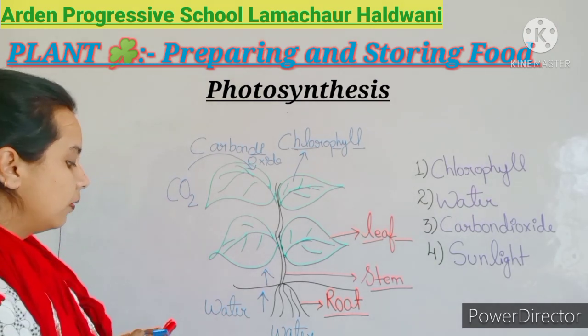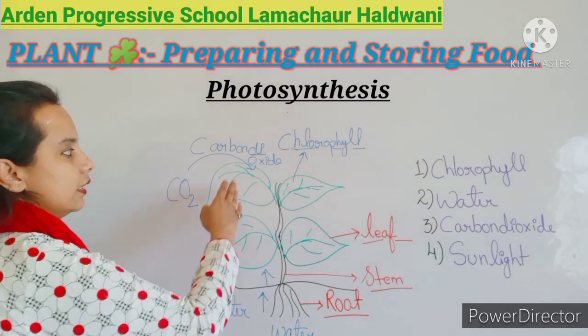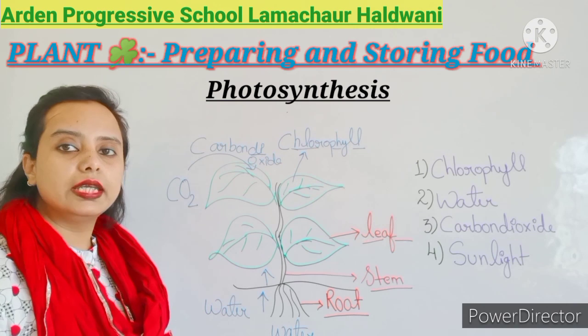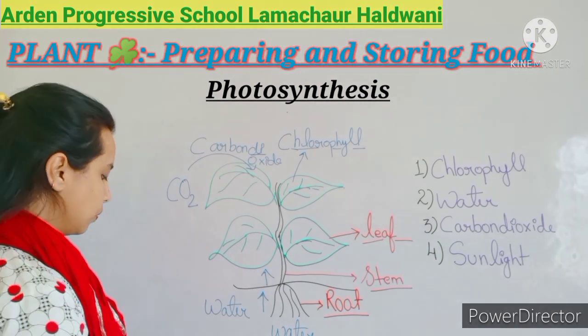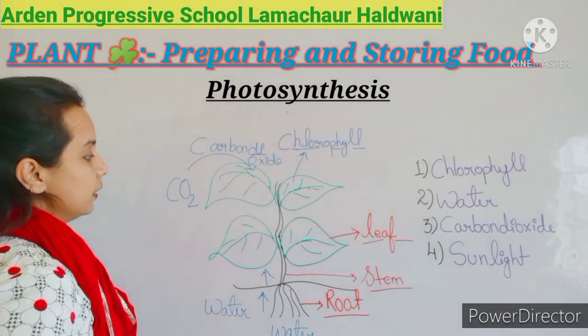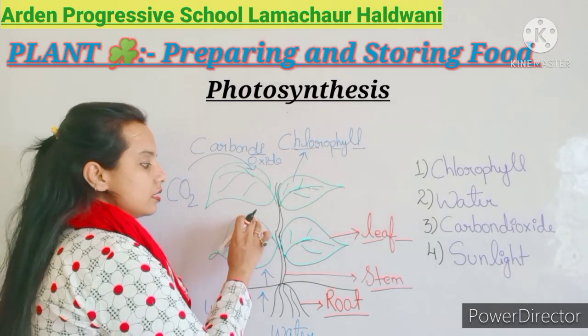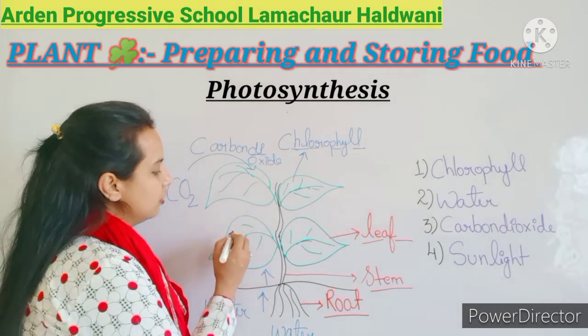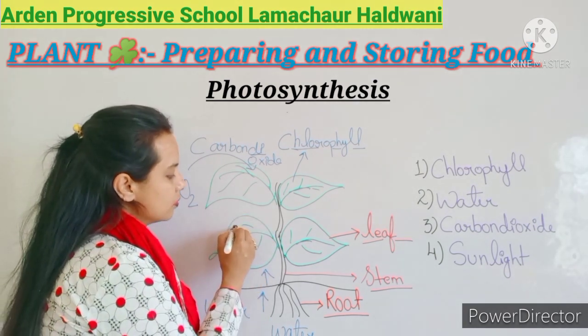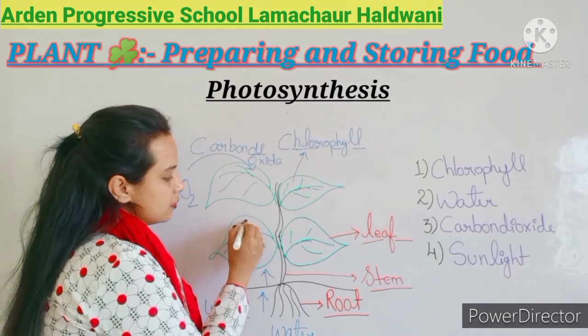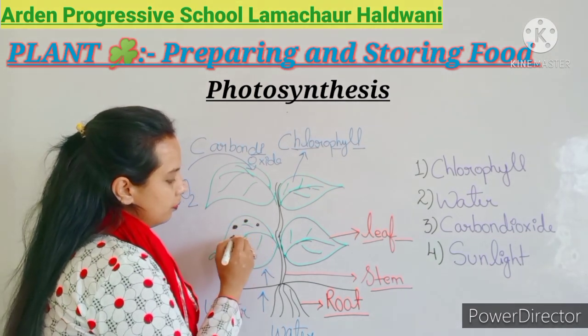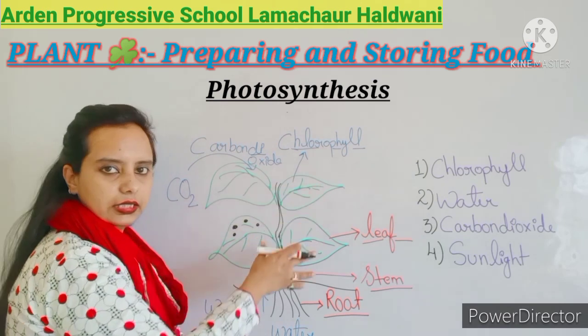Okay, now how does this carbon dioxide gas go into the plant? So, students, on the surface of the leaf, there are small pores. Some small pores in all the leaves.